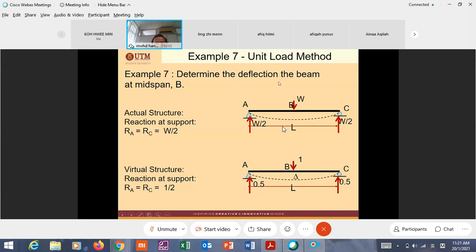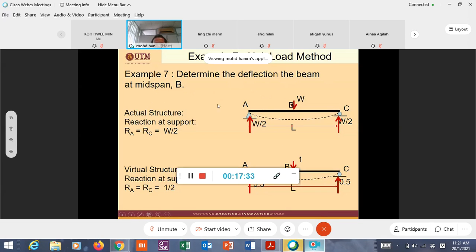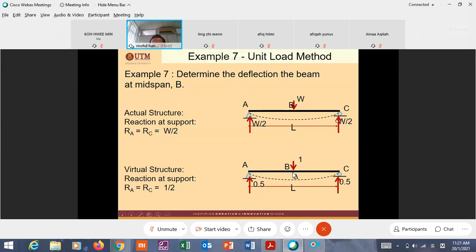Determine the deflection of the beam at midspan B due to load W. EI is constant. Now this is the actual structure where the reactions at A and C equal W over 2, simple because this is symmetrical.